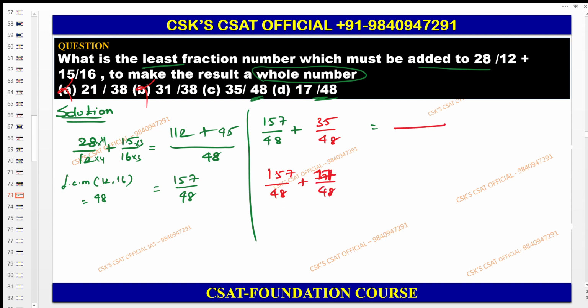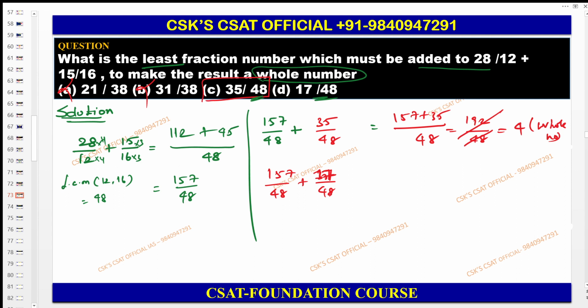Let us see here. 48 is the LCM. Check here: 157 plus 35 gives 192. 192 by 48, you can cancel, so this itself is a whole number. You can go with the answer, 35 by 48.